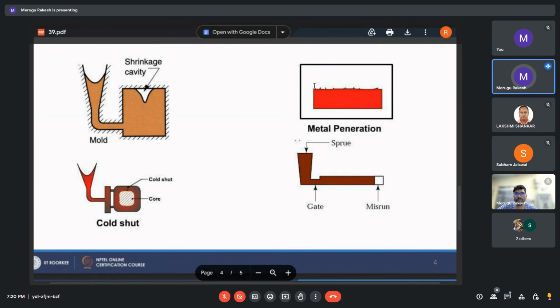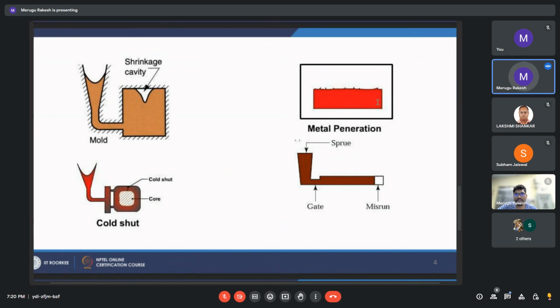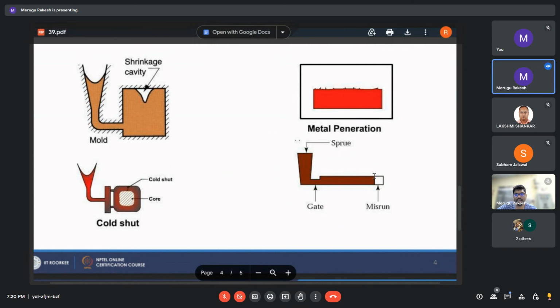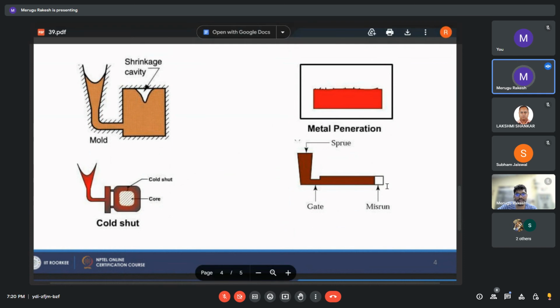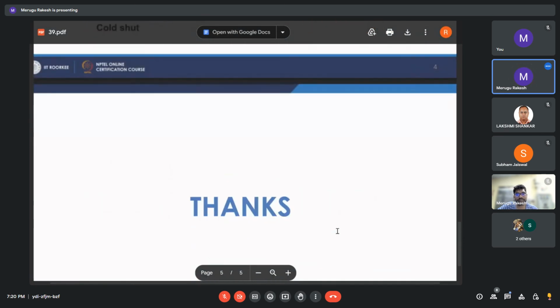Then we have metal penetration on the surface, and misrun. This occurs because premature solidification happens and the casting will not completely fill. This is one type of defect.